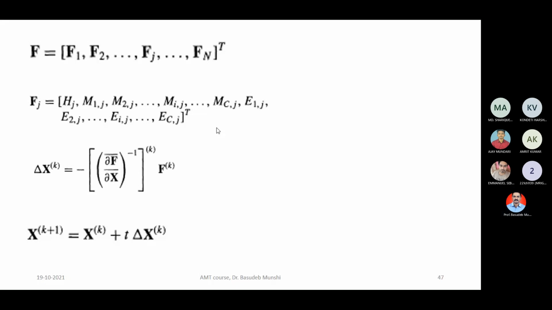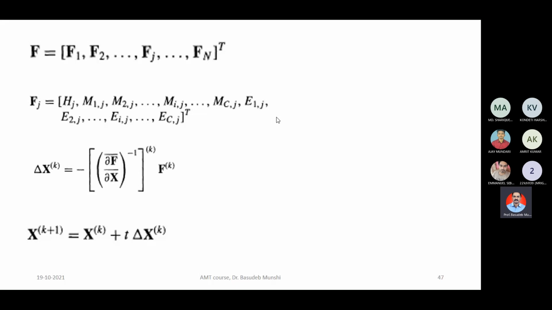The equations or functions for any particular stage are: one Hj, C number of Mij, then C number of Eij. For n stages, how many equations are there? For stage 1 it is f1, for stage 2 f2, up to fn. How many in f1? 2C plus 1. How many in f2? 2C plus 1. So the total number of equations is 2C plus 1 into n.